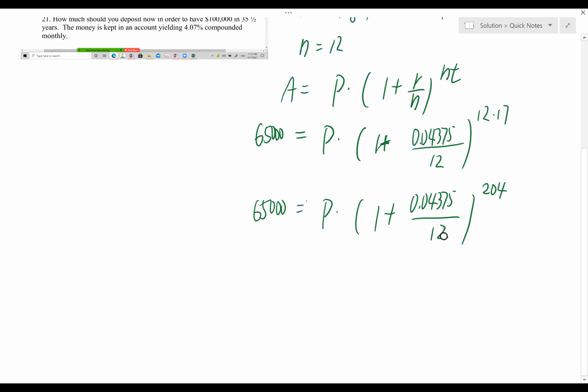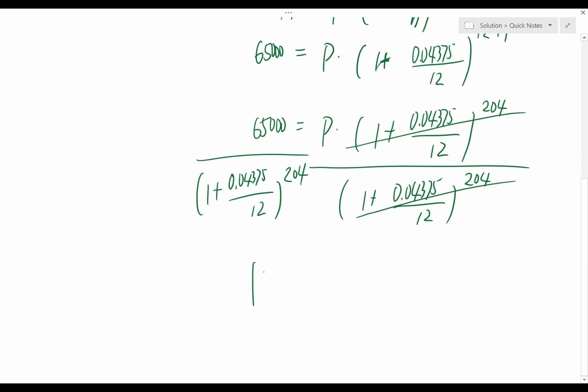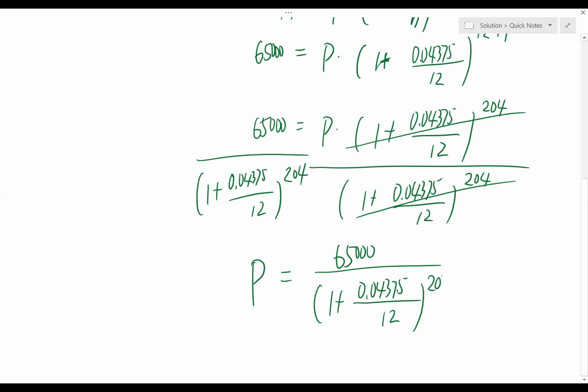And in order to get P by itself, we're just dividing both sides of the equation by 1 plus 0.04375 over 12 raised to the 204th power. Now again, we get rid of that term here. Principal is by itself, and then principal becomes 65,000 over 1 plus 0.04375 over 12 raised to the 204th power.